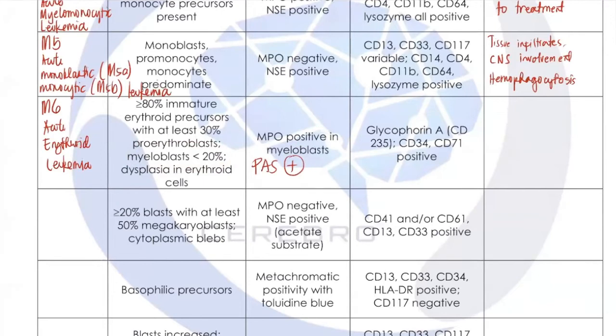So I want you to take note also of the markers for M6. We have CD34 and the CD71. Okay, recall question na yan. So this is a rare subgroup of acute myeloid leukemia, and this has a poor prognosis.